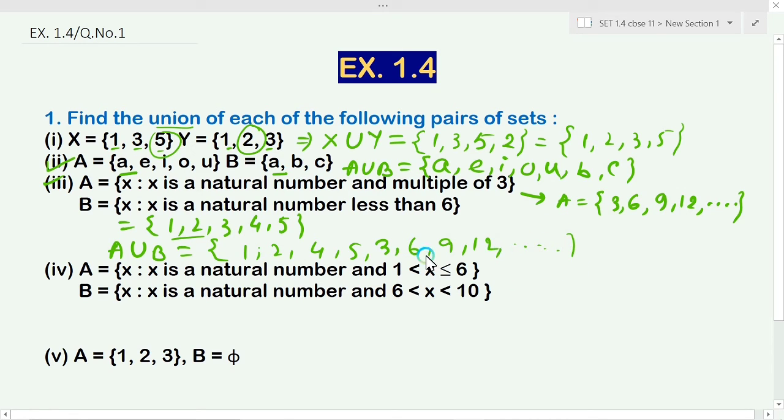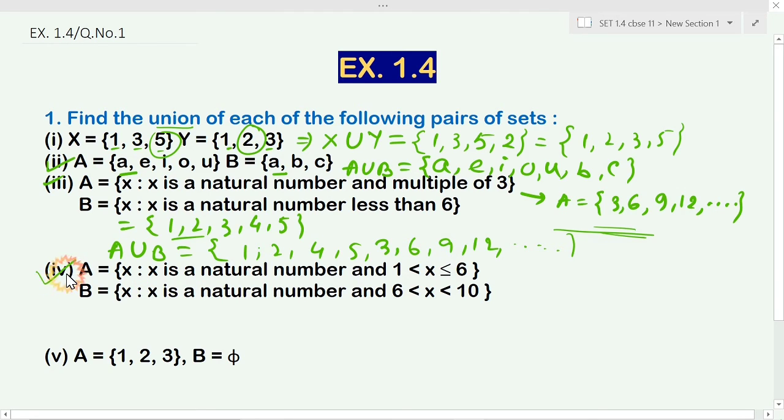We write B first because the set A, 3, 6, 9, 12, goes to infinity, so we have to write set A in the last. So this is A union B of question number 3.